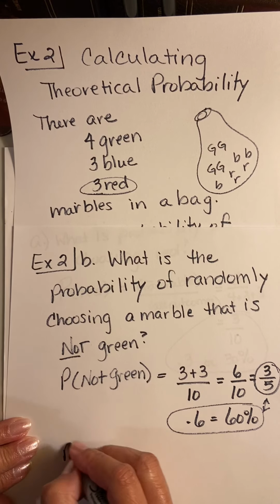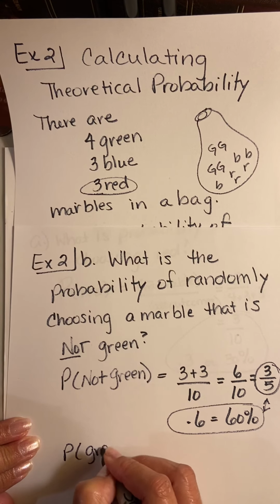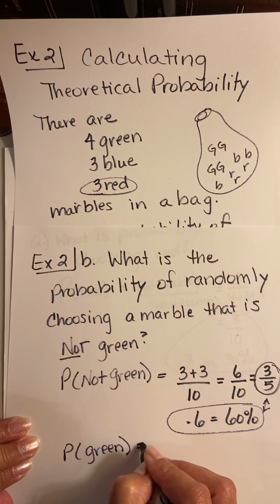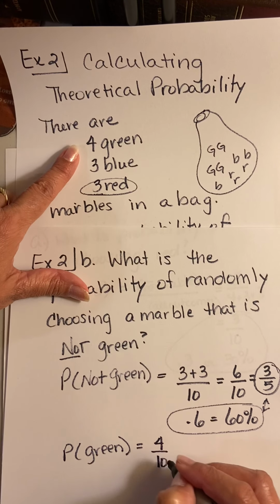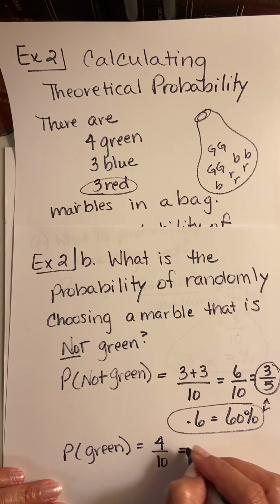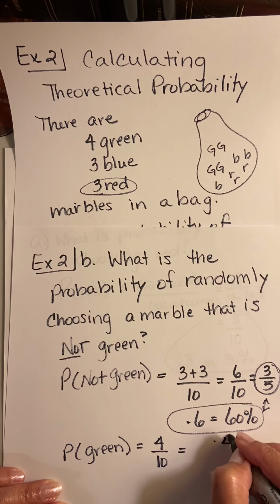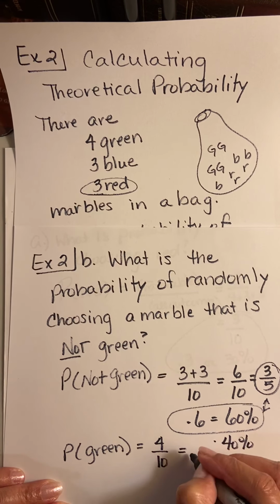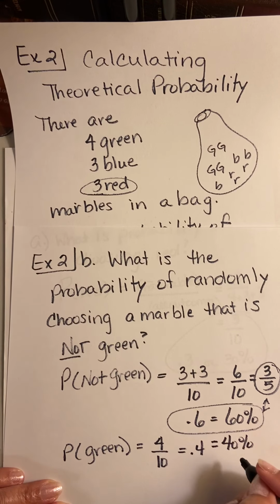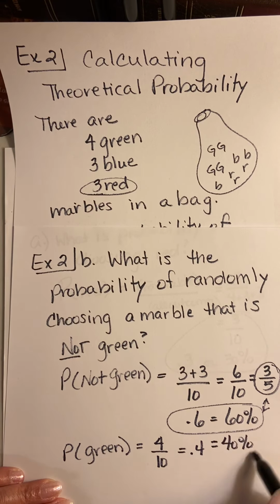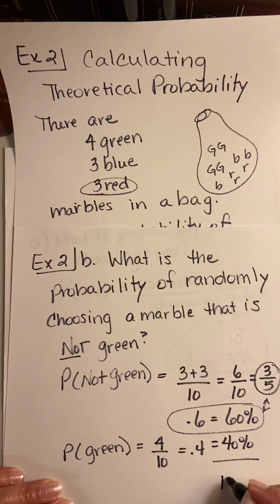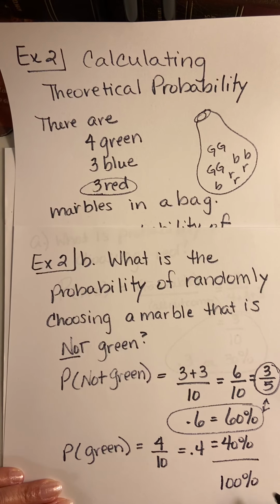Let's say, what's the probability of getting a green? I want you to see this. The probability of getting a green is 4 out of 10 because there's 4 green, which is equal to 40% or 0.4. And notice that when I add 60% plus 40%, the 2 equals 100%.